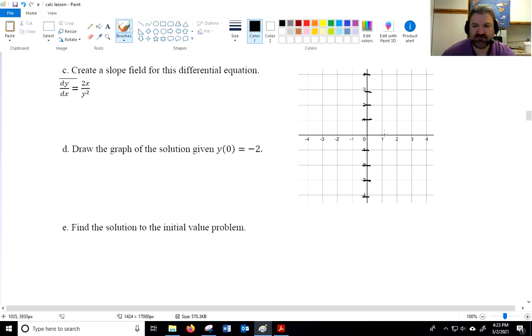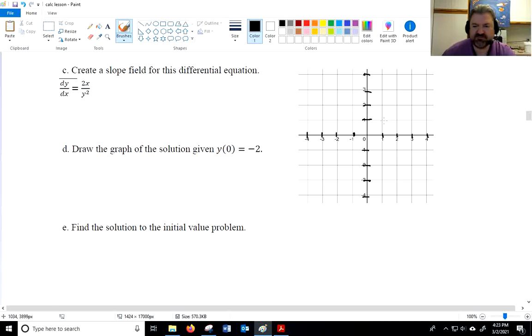Whenever the y is 0, though, we have a vertical slope. Or we might say that the function is undefined there because we can't divide by 0. But we have the derivative is undefined there, excuse me. So we have something like that whenever the y is 0.